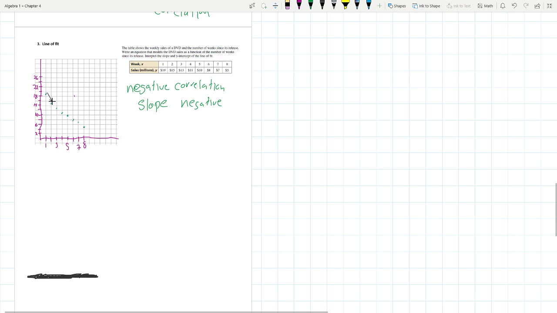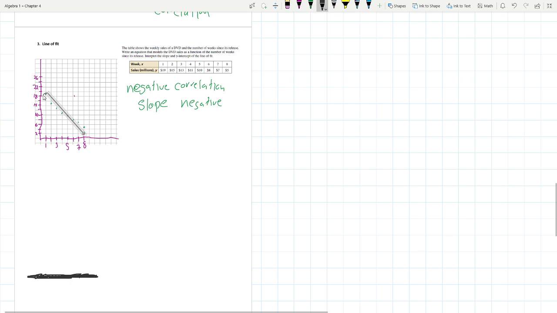Where I'm going to use is, and that was a really bad spot. Let's see. I'm going to use this upper point here, this 19 that we drew. I just can't draw that. So it's going to go through the 19, and it's going to go all the way through 5, 10.